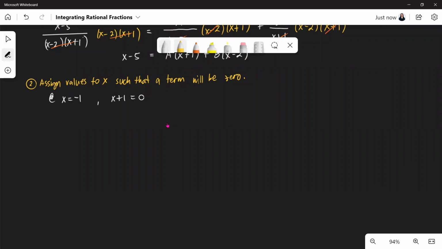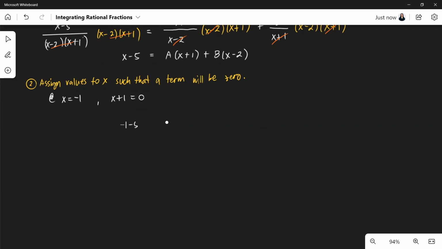So it's negative 1 minus 5 for the left side, and a times negative 1 plus 1, and then plus b times negative 1 minus 2. So this is negative 6 is equal to, this becomes 0, and then we have negative 1 minus 2, it's negative 3 times b. So it's negative 3b.